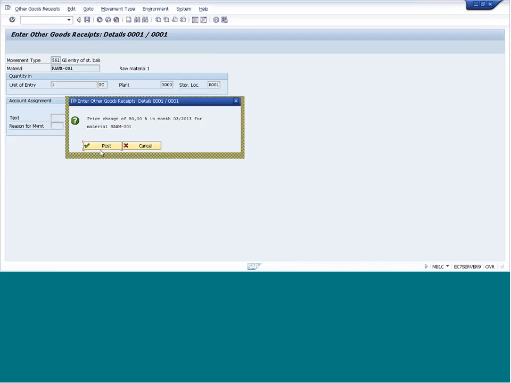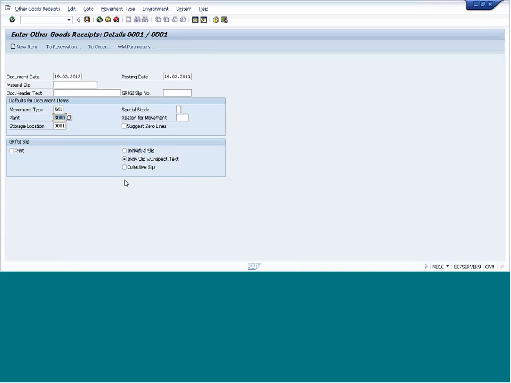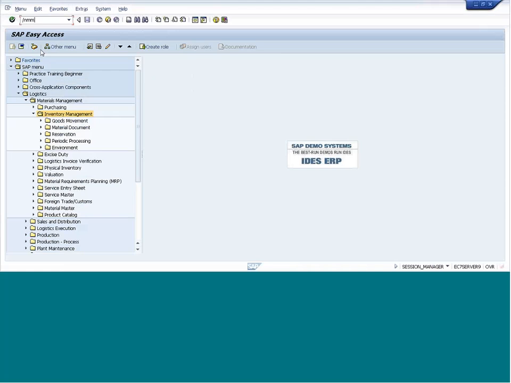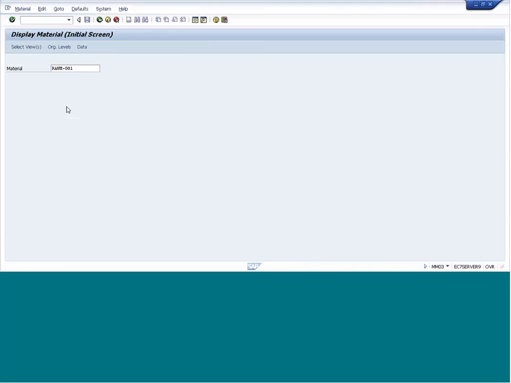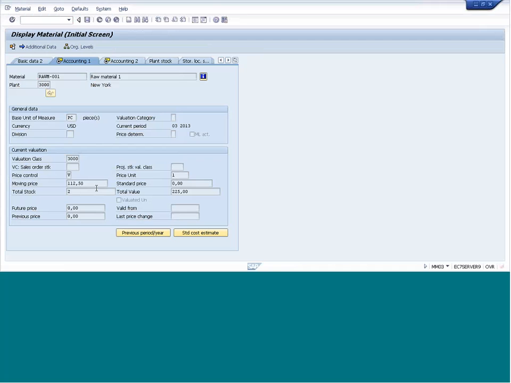So that is the value you are taking, right? So 150, so it will become 225 over your 2 quantities, right? And now you see MM03, it is 112.5. So it always gets changed, right?